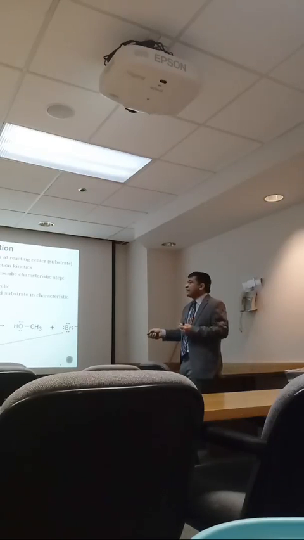So the moment carbon shows its readiness to accept the electron from this nucleophile molecule, the group, at the same time, bromine is fast enough to carry out the second step of the reaction and take the electron and release out of this bond.